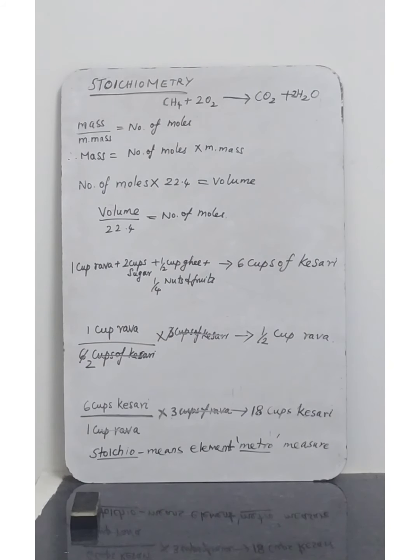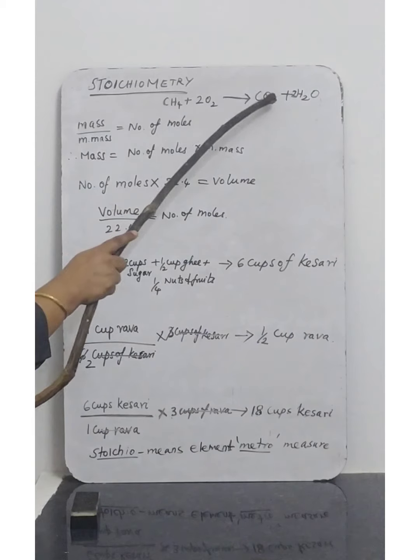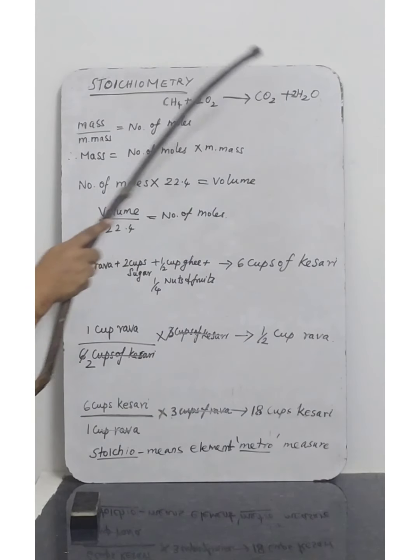What is meant by combustion? What is the support of combustion? Oxygen. That is nothing but burning. So methane will burn with the help of oxygen. It will give carbon dioxide and water. Now on both sides carbon atoms are the same, hydrogen atoms are the same, and oxygen atoms are the same.